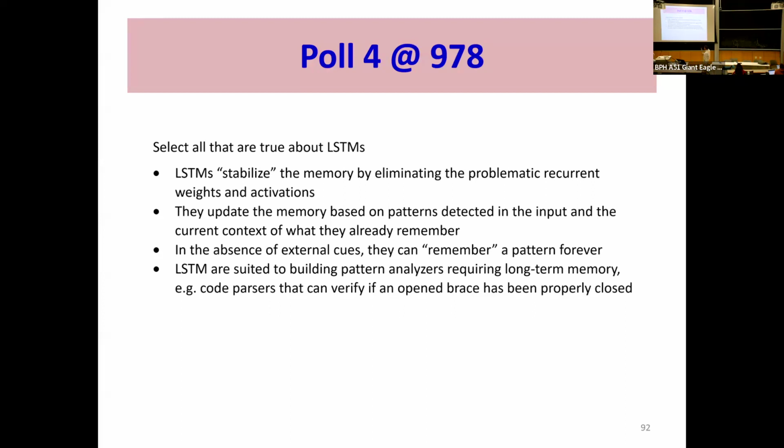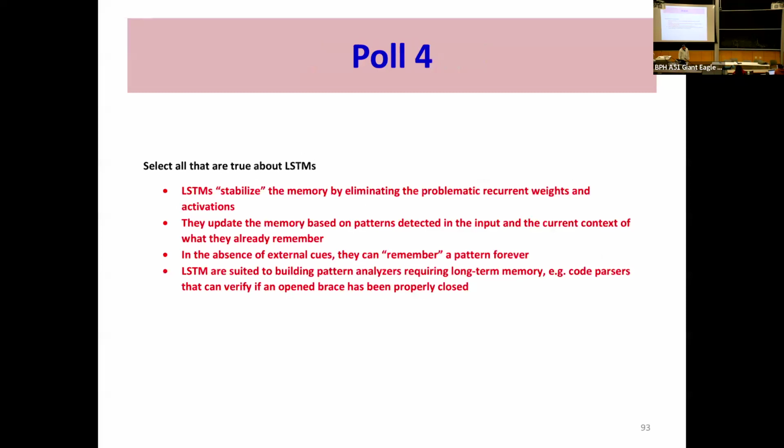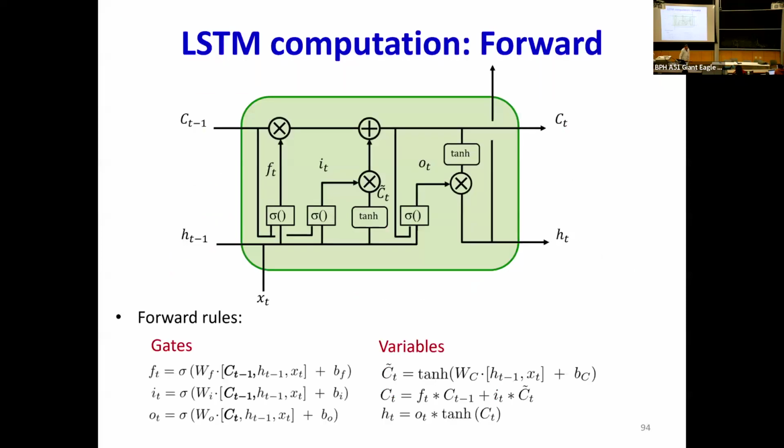In the absence of external cues, nothing changes, right? So they could remember forever. They're suited to building pattern analyzers requiring long-term memory, true or false? True, right? Beautiful. And so you can see how we come up with this lovely modification, which sort of solves all of our problems in memory. So if you want to capture things in memory, this is what you use.